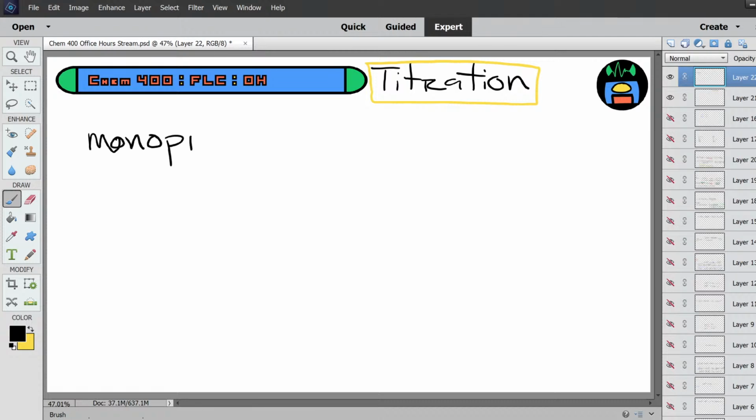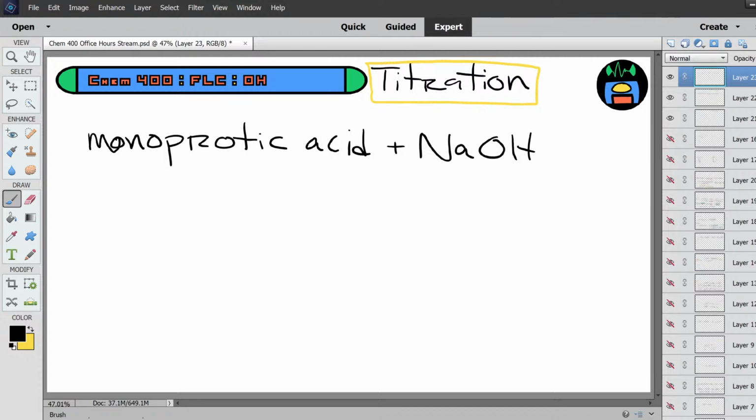It just says a monoprotic acid reacts with sodium hydroxide. Now how are we going to balance a chemical equation if we don't know the acid's identity? And here's how you do that.